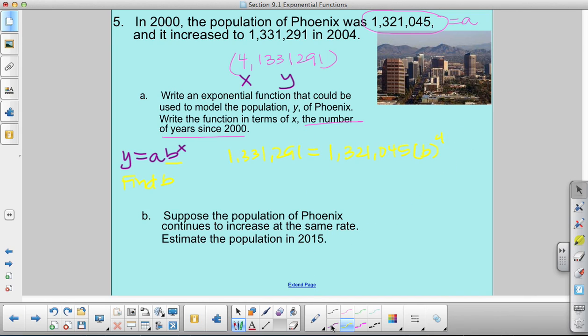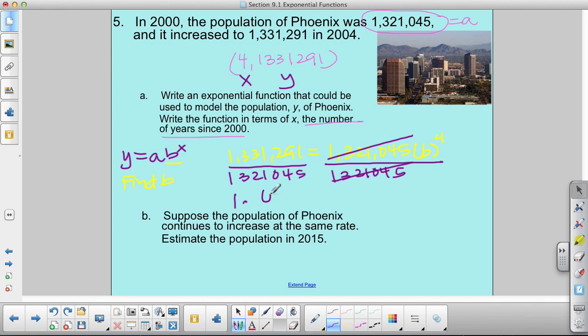Because I'm solving for B, I divide both sides by 1,321,045. These will cancel. On my left-hand side, if you type it in on your calculator, you will get 1.0019, and I'm going to use the whole value on my screen, equals B to the 4th.